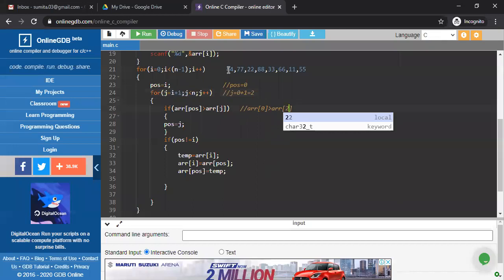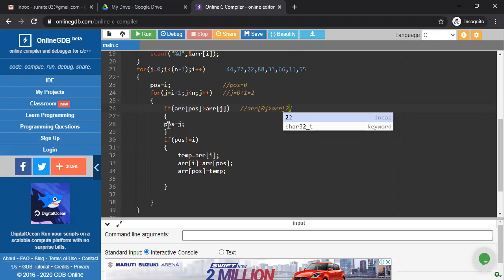Again, is ARR 0 greater than ARR 2? Obviously, we see that, I can see it, because 44 is greater than 22, because this is the 0 position and this is the 2 position. If so, then this part is true.